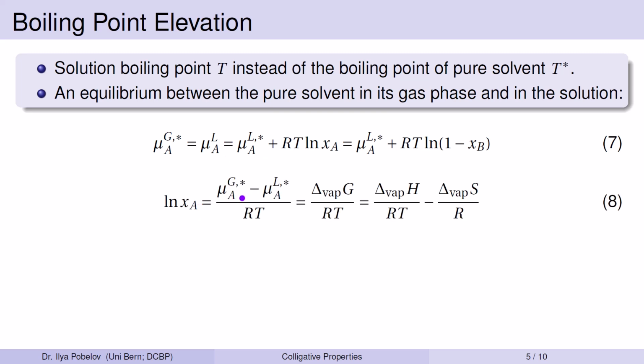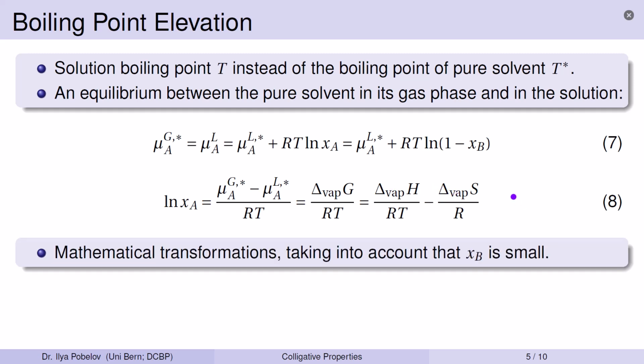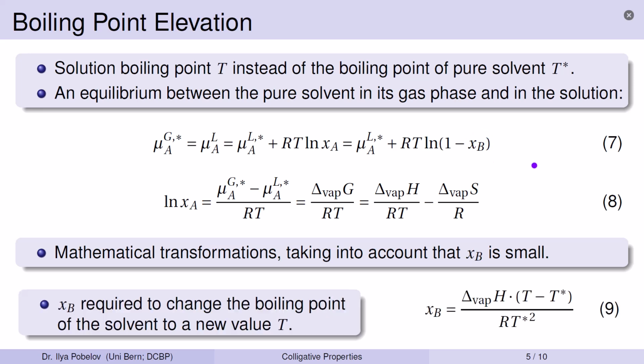From the above, the natural logarithm of the mole fraction of solvent Xa can be expressed in terms of Gibbs energy of vaporization, that means in terms of enthalpy and entropy of vaporization. After some mathematical transformations and taking into account that the concentration of solute is small, we arrive at this expression.